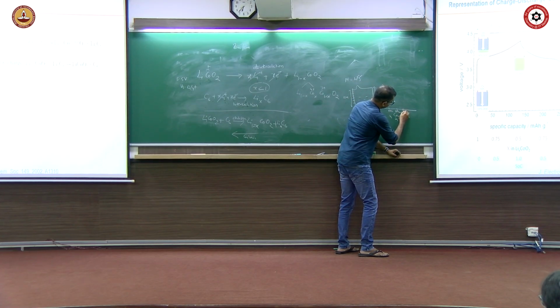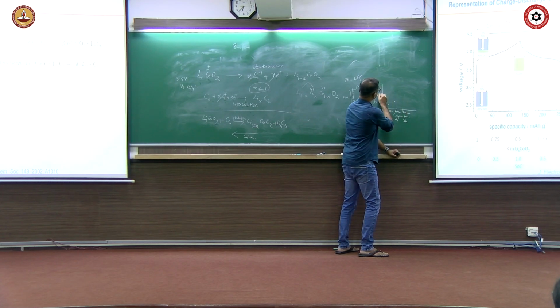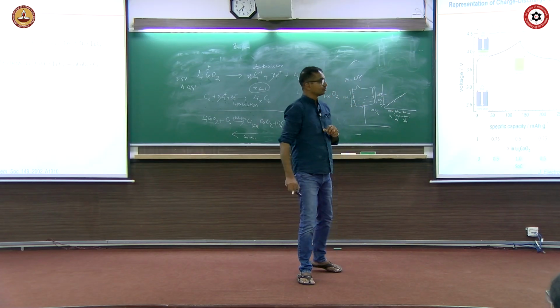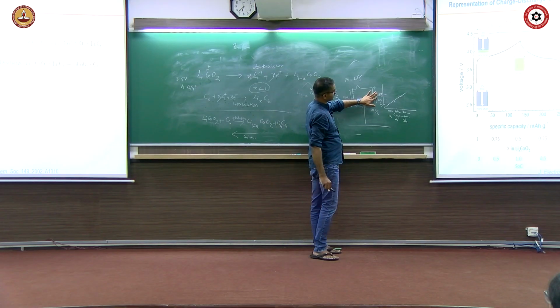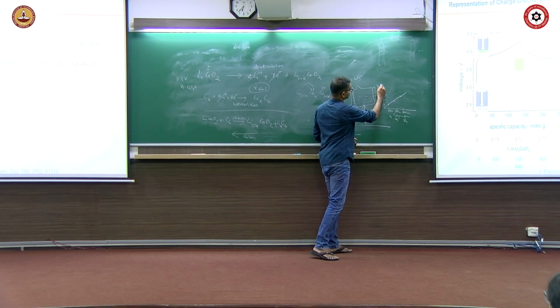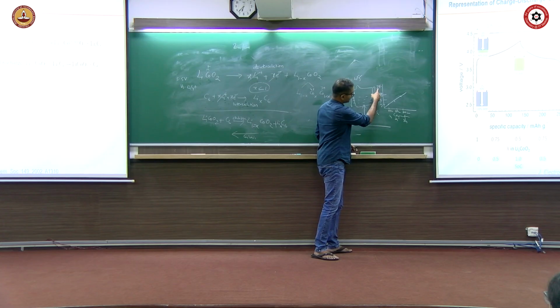Then, rho g, correct? So, it will go like that, right? Am I right or not? So, you see I can plot potential energy versus capacity, or potential energy versus time.